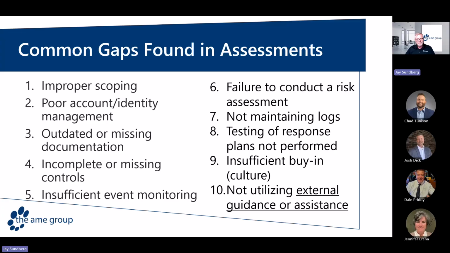And then incomplete or missing controls. That really boils down to just a misunderstanding of what the control is supposed to do in most cases. An example would be a control for endpoint protection software. I'm going to stick with that one since I used it earlier. We have anti-malware, antivirus, all this, and it's installed on a computer, but it's not configured to update, or it's not configured to be active for all users that use the device or something like that.